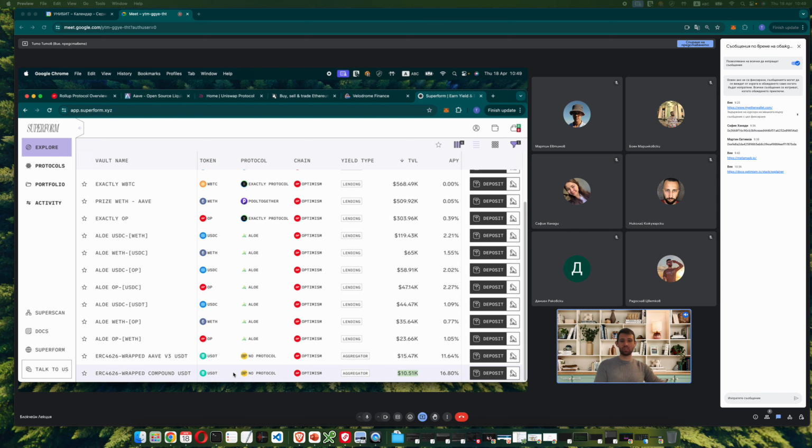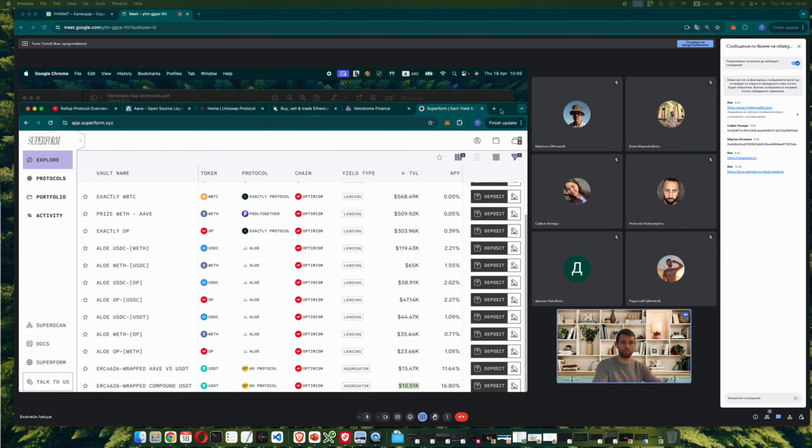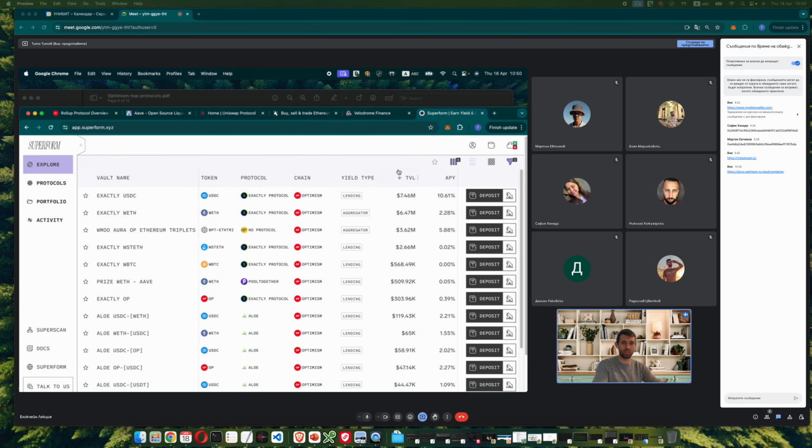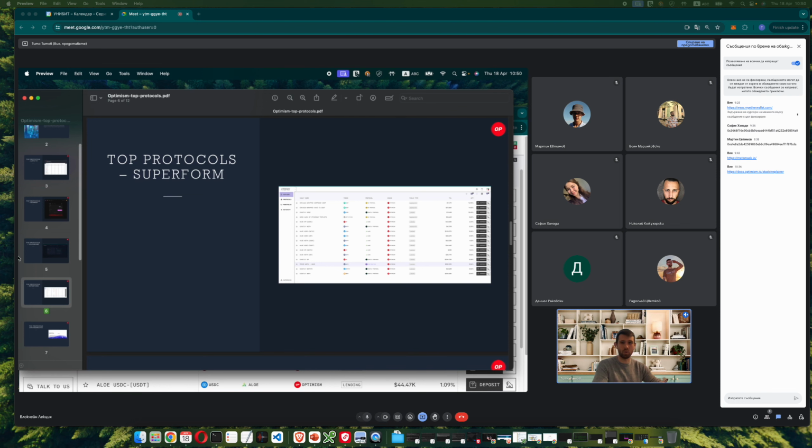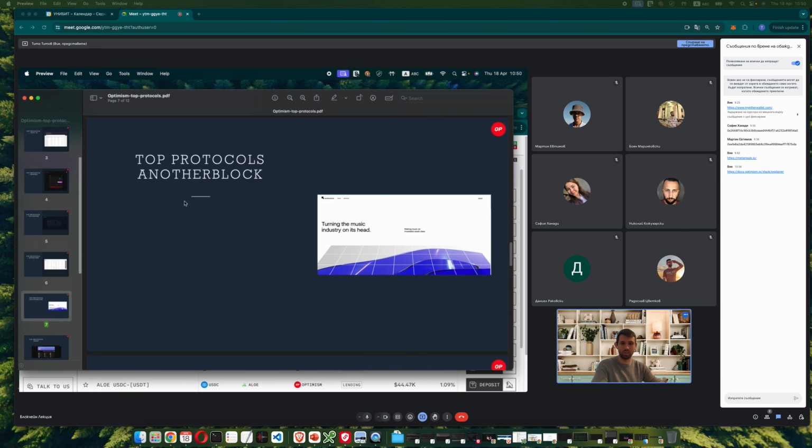So it means that this protocol is not so stable and mature, and someone can hack it and you can lose all your funds, even though they say you can make 16%, maybe you can lose all of your funds in one day. So it doesn't matter if you can make 16%. It's better to have a more stable protocol and earn a stable profit rather than risking everything.